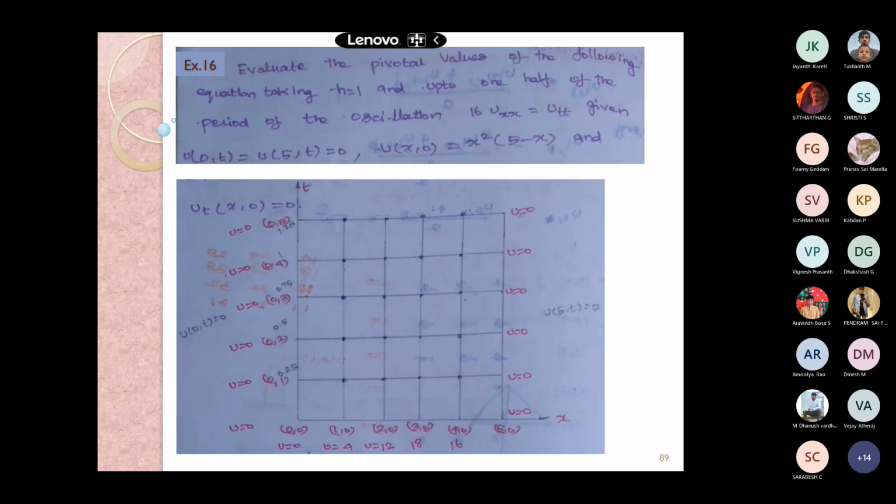This is the other boundary condition. You try to solve this particular problem. We'll find the results during Monday class.